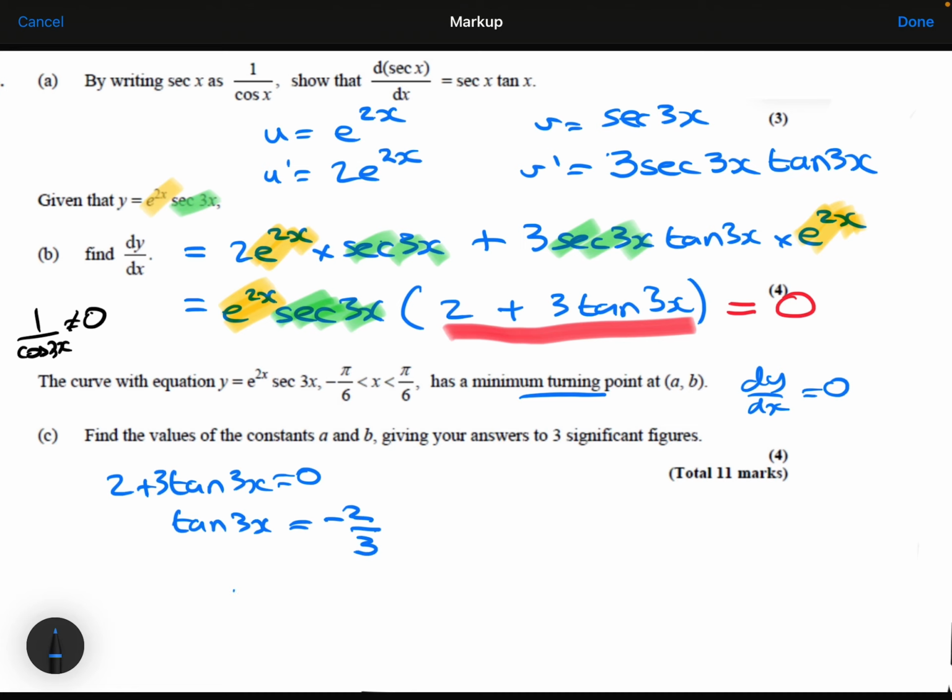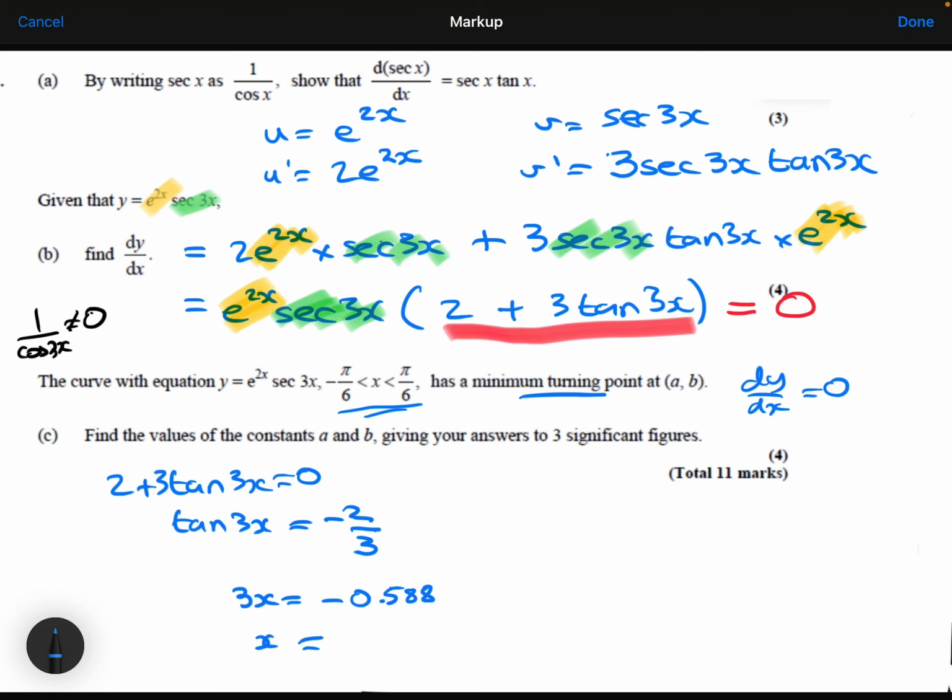I can then do tan inverse, which will give me minus 0.588. That is in the range that I need here. That is between minus pi over 6 and pi over 6. So that's good. I don't need to draw the graph or find any other values.